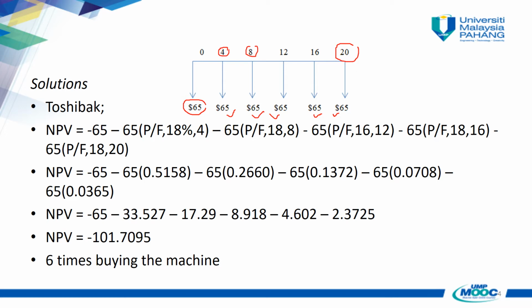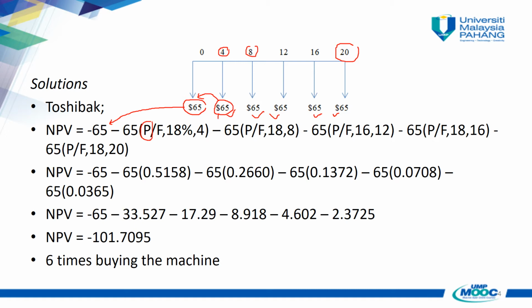For this machinery Toshiba, we need to remember we want to calculate NPV or present worth. What happened to our money today? Today, this is our money, 65,000. But at year 4, this is an F, relative to what happened today. So we want to find P when we know the F. What is the F?